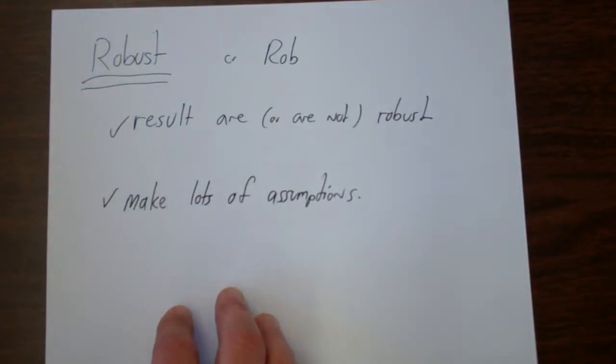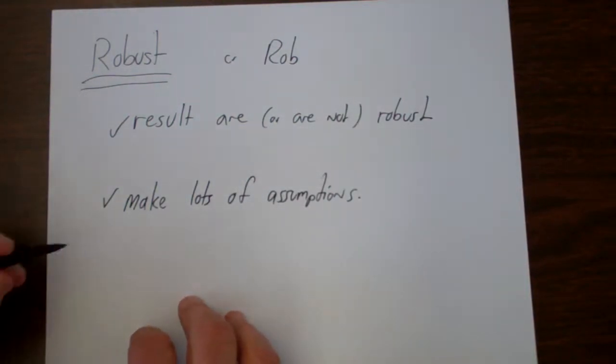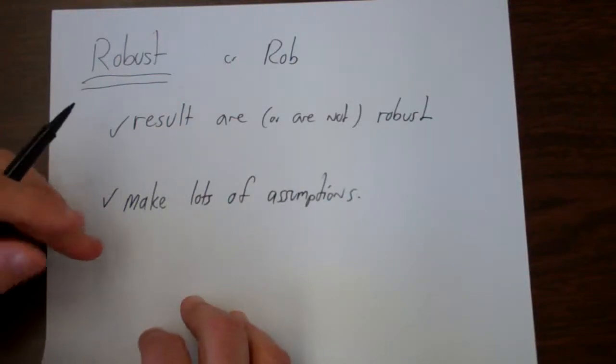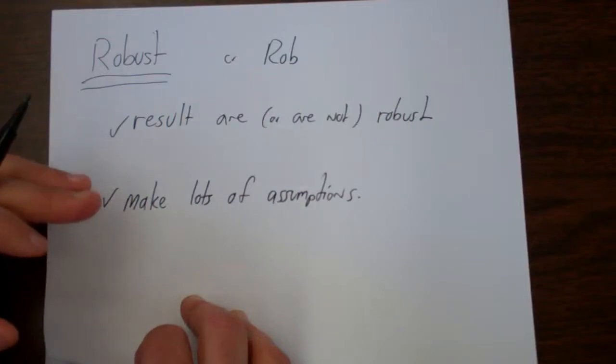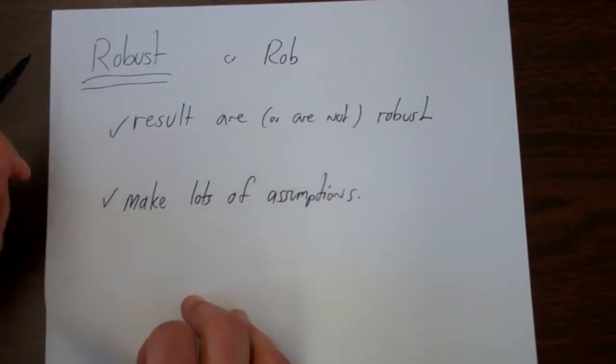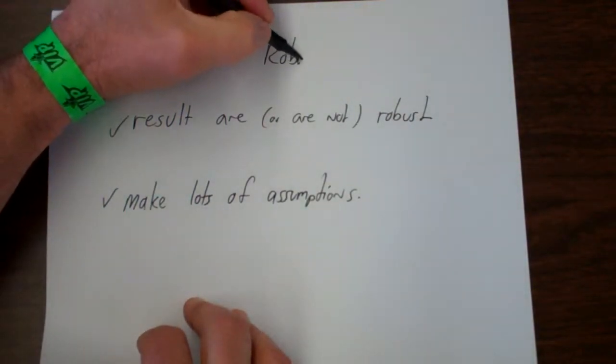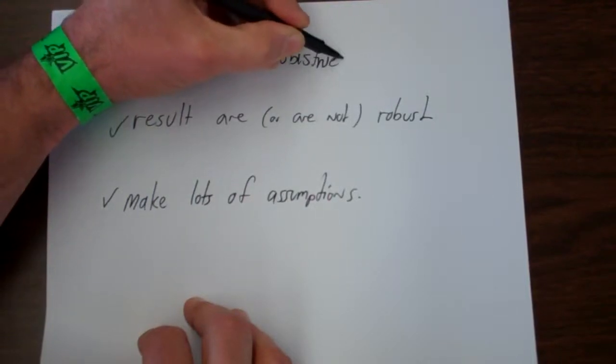Robust results do not depend on those assumptions being exactly true. That's the idea of robustness. So let's say you had a procedure and it was true under certain conditions, but the conditions were violated, and it would not be true at all, then those would not be robust. So let's see if we can figure out a definition for robust or robustness.